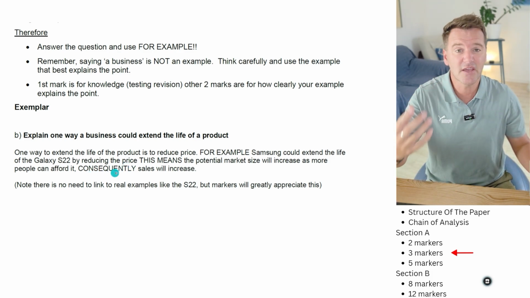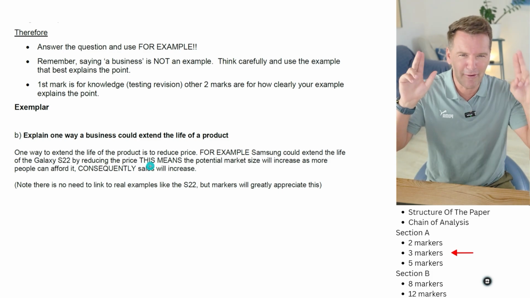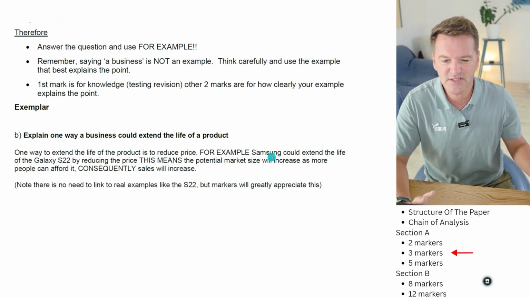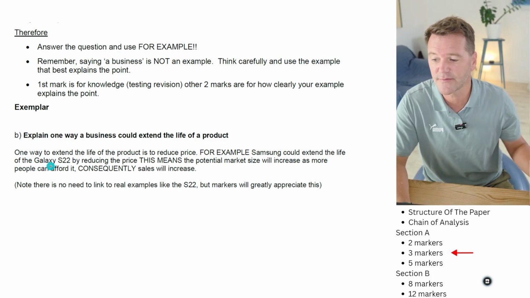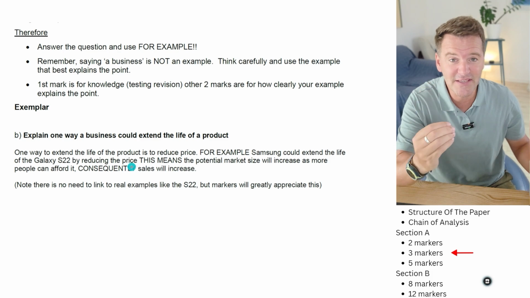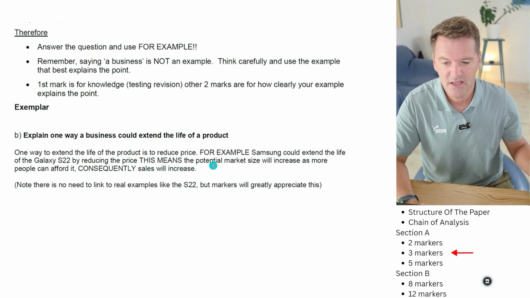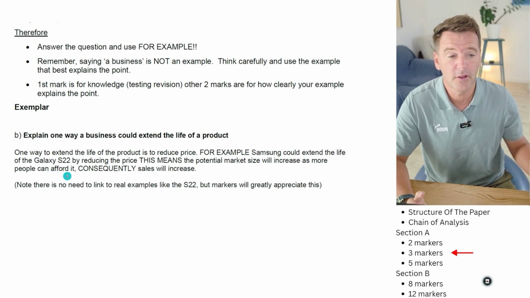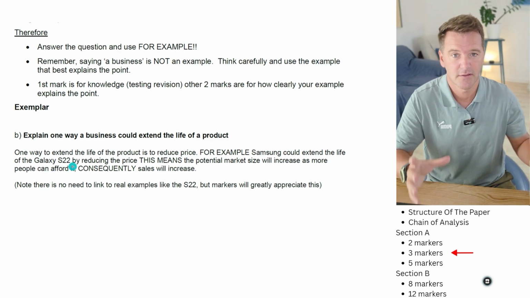So that is going to make everything more real, allowing me to get the application analysis. What's the consequence? So, for example, Samsung could extend the life of the Galaxy S22 by reducing the price. This means that, from my chain of analysis, the potential market size will increase as more people can afford it.